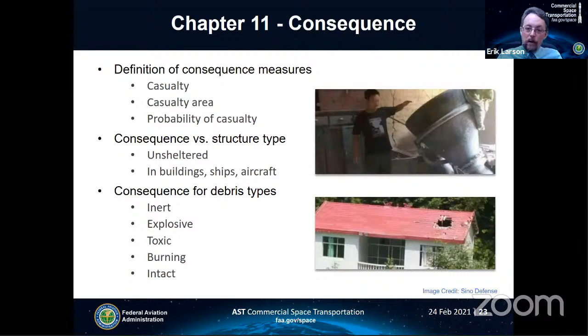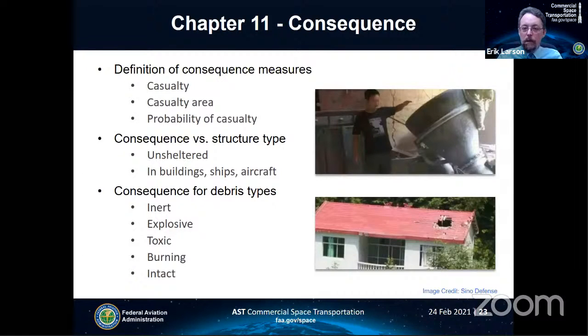And then what is probability of casualty? For some events, like explosions and toxic releases, it's a probability as a function of distance from the impact point, say 100% probability within a few feet, but as you get to hundreds or thousands of feet away from the impact, that probability goes down. And how do you integrate those?